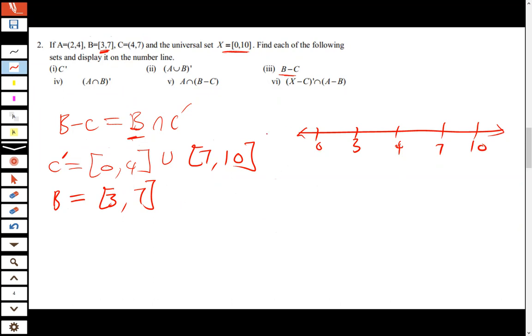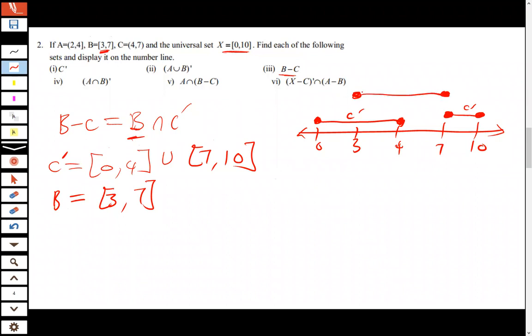C complement is from 0 to 4. It's closed at 0, it's also closed at 4. Then from there, it's also starting from 7, closed at 7, and also closed at 10. Let us now draw the one for B. B is starting from 3 to 7. It's closed at 3, it's also closed at 7.